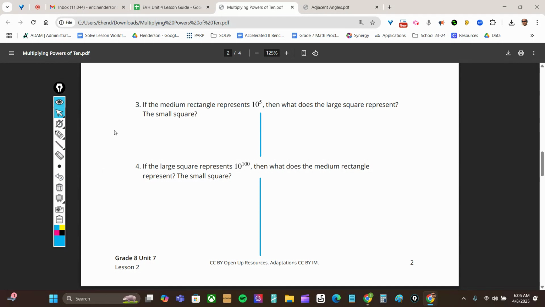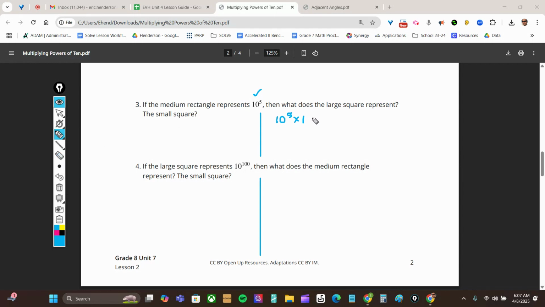Alright, if the medium rectangle is 10 to the fifth, what does the large? So that would be 10 to the fifth times 10.